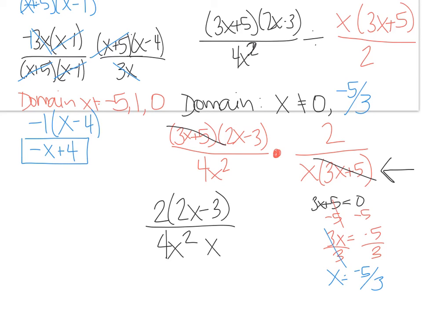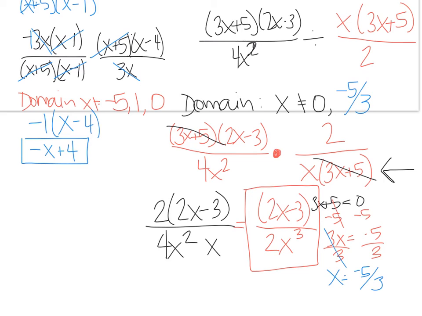So the first thing I notice, I actually have 2 divided by 4. Well, that's something I can do. 2 divided by 4 is actually just 1 over 2. So that's 2x minus 3 all over 2. And here I'm multiplying x squared times x. So that will actually simplify down to 2x to the 3rd power. So there you have it.